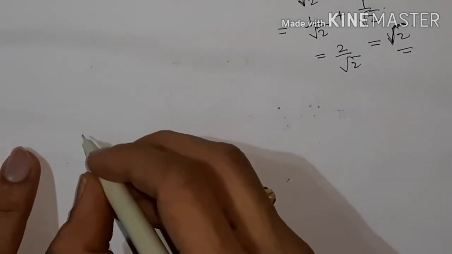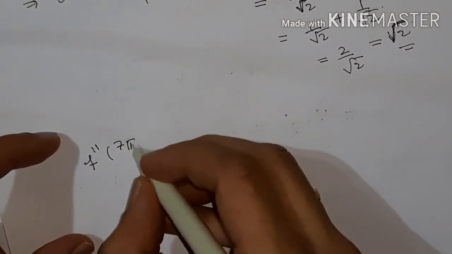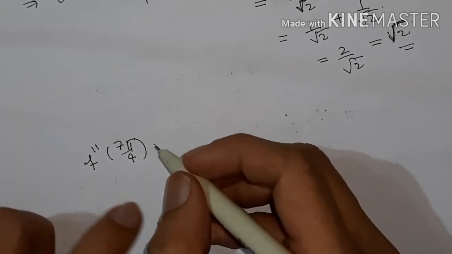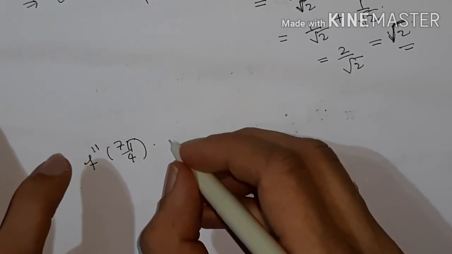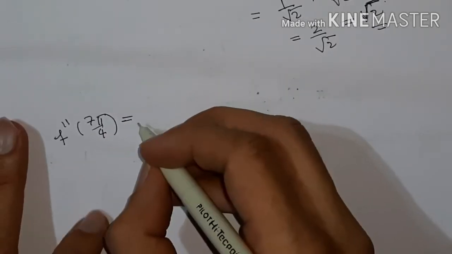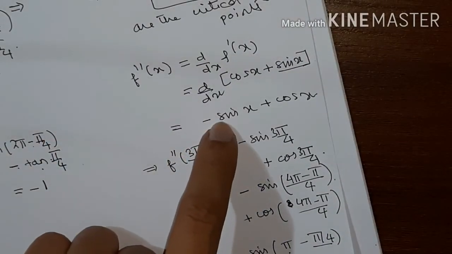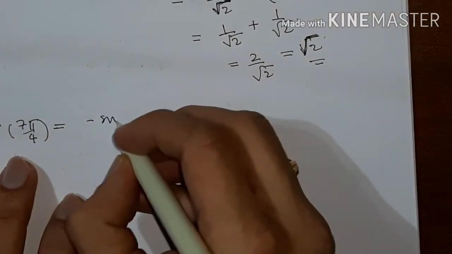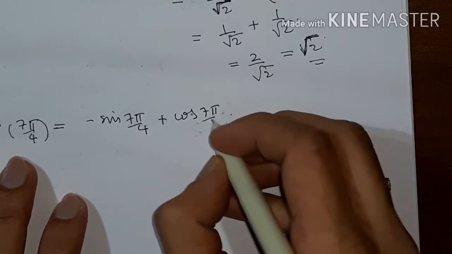Okay, now let us look at the next critical point, that is f double prime of 7 pi by 4, and substitute 7 pi by 4 in f double prime of x. The f double prime of x was minus sin x plus cos x. So minus sine 7 pi by 4 plus cos of 7 pi by 4.